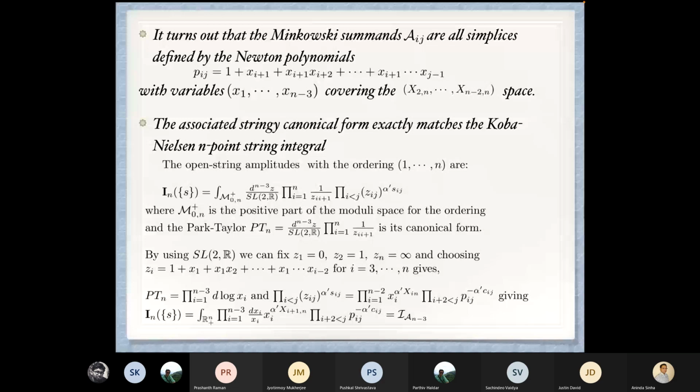So those just give you Pij to the power minus alpha prime Cij. For the other terms, you can see that they combine nicely to give you xi to the power alpha prime times something. And this is precisely the stringy canonical form of these polynomials. So the stringy canonical form corresponding to the ABHY associahedron is actually the Koba-Nielsen string integral.